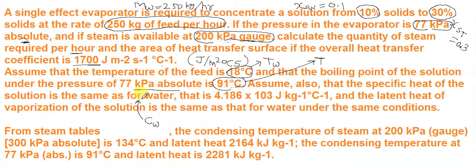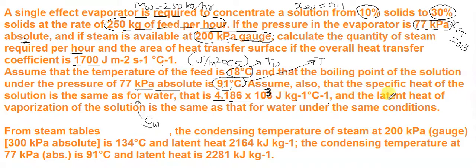Similarly for our weak liquor we take this Cw value as 4.186 into 10 raised to 3 joule per kg per degree Celsius.